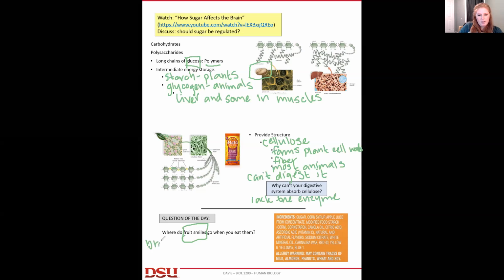I'm just gonna say broken down through hydrolysis. Okay, and then from there, they're going to be used to provide fuel, okay, for energy, for the energy production. Excess gets stored in the liver as glycogen, okay?